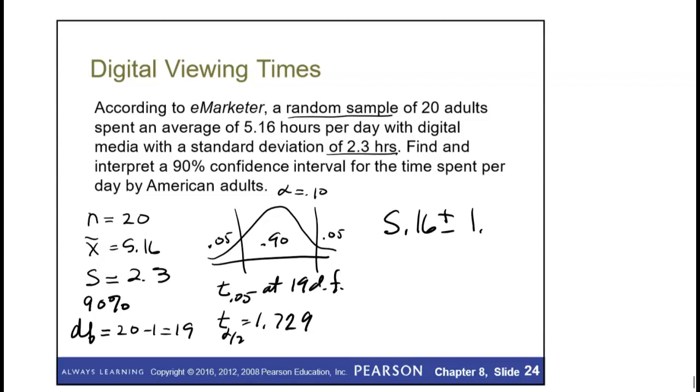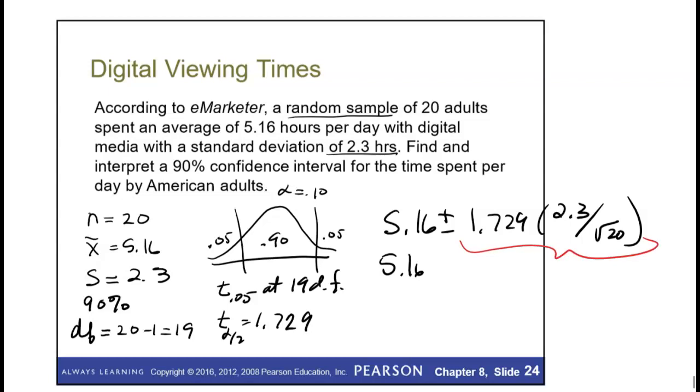5.16 plus and minus 1.729 times 2.3 over square root of 20. Just like before, always get this value first. That's 0.889. Subtract it.